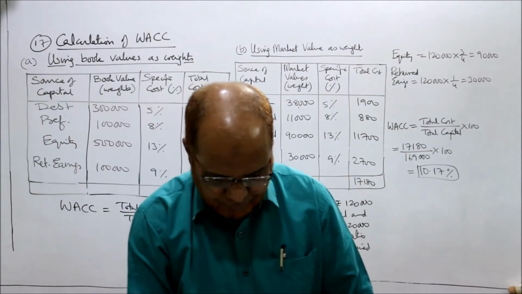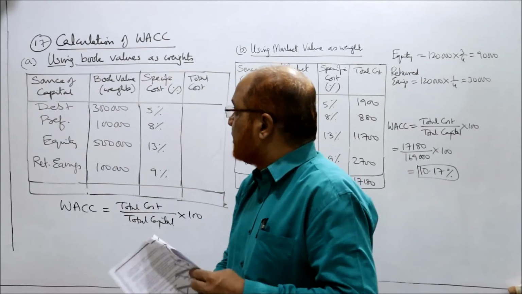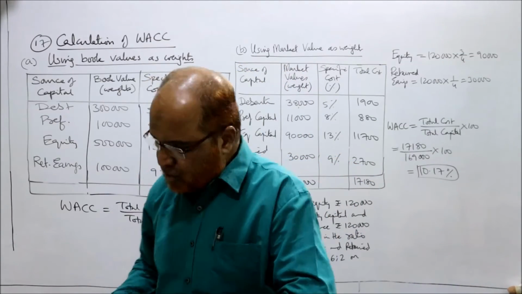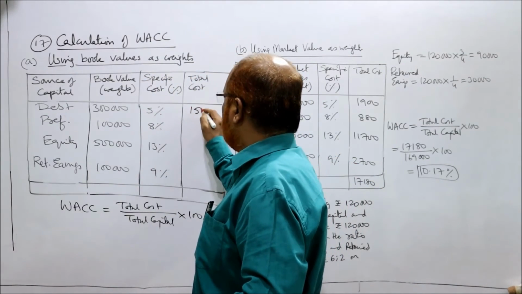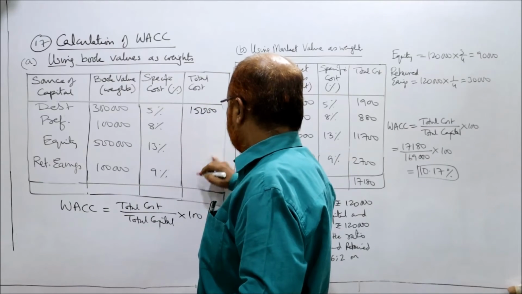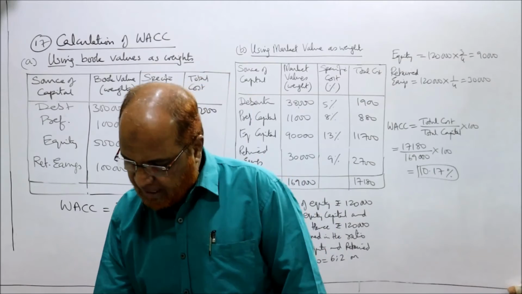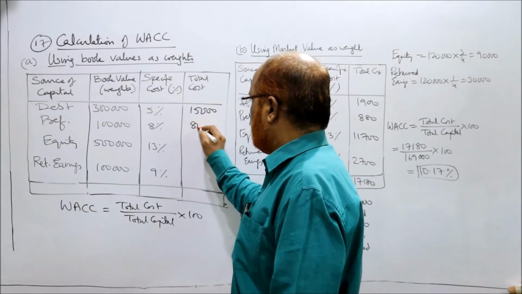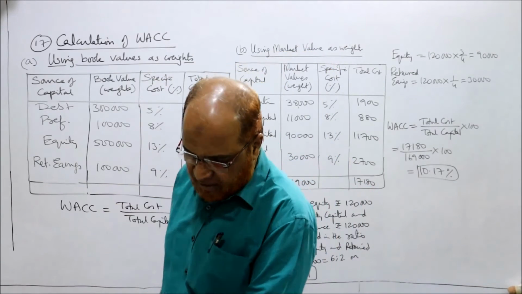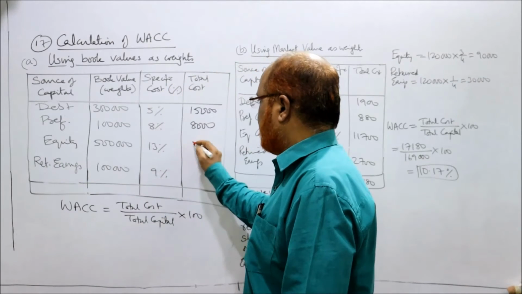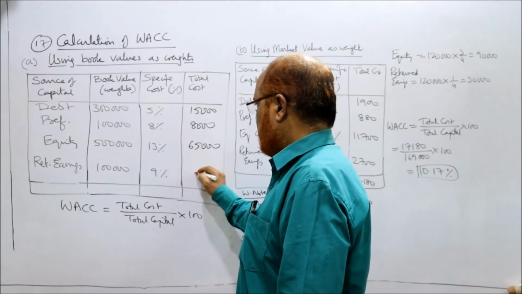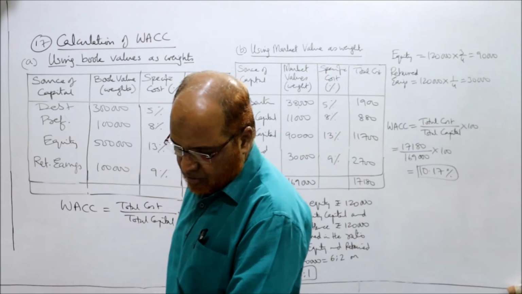Now multiply. 3 lakh into 5% is 15,000. Then 1 lakh into 8% is 8,000. 5 lakh into 13% is 65,000. Here it is 9,000.